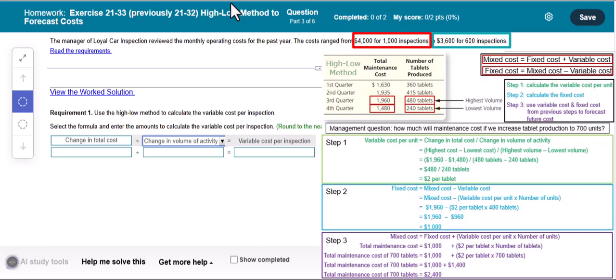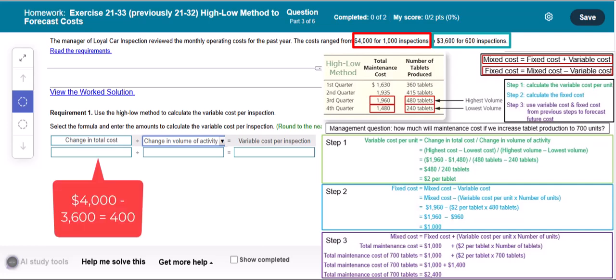Now we need to calculate the change in total cost between the highest production level and the lowest production level. Because they only give us 2 production levels, we don't have to search for the high and the low. For the change in total cost, we take this 4,000 and subtract 3,600, which gives us a $400 change in total cost.